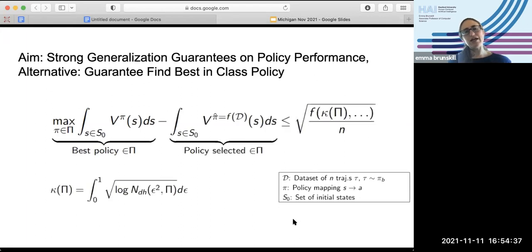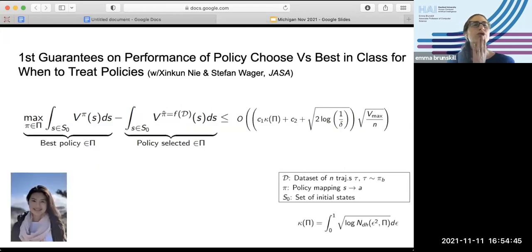I'll just say briefly that we have some results on that. Together with Xinquan Ni and Stefan Wager, we have a paper in JASA doing this for a particular type of decision policies. This is where you might be making medical treatments or others, where you have data and you want to decide when to stop a process and what decision to make when you stop.